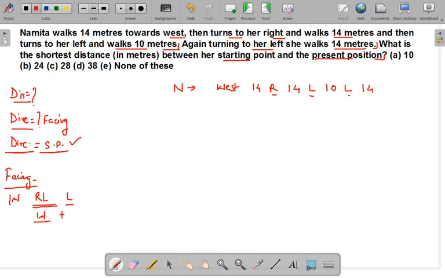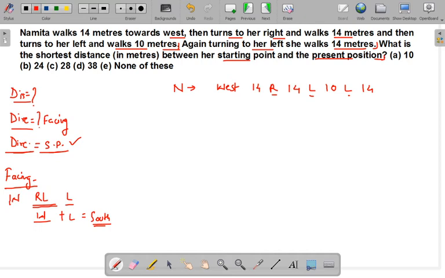And from west, she took a left. From west, when she takes a left, she will be facing south. So she is right now facing south.